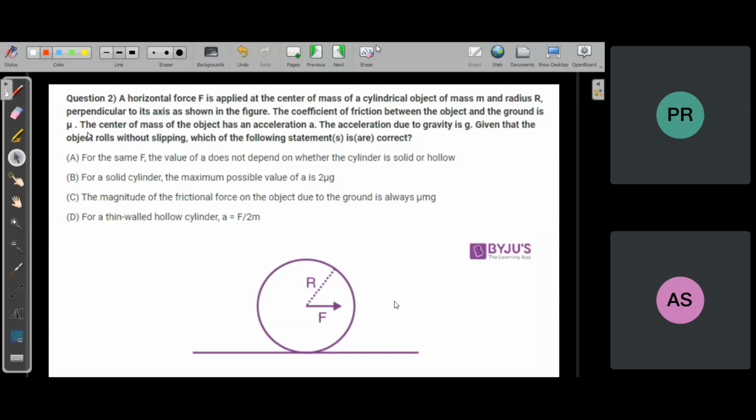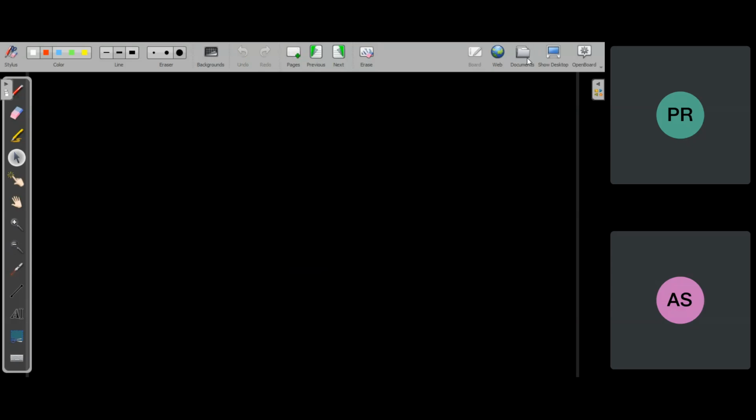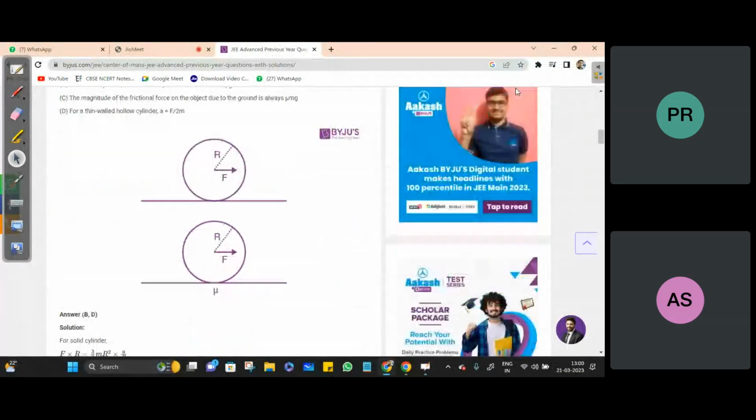So I think this question is related to friction and rotation motion only. Okay, if you want, we can go to another.